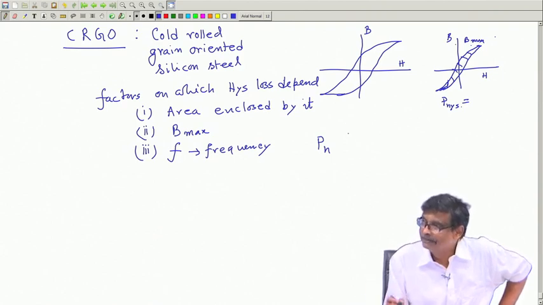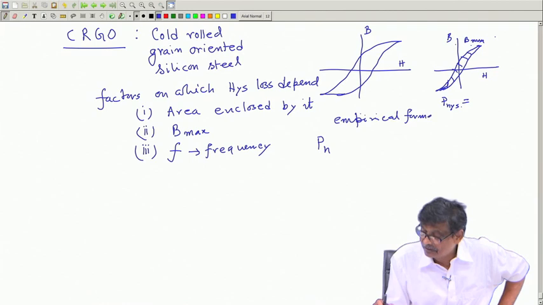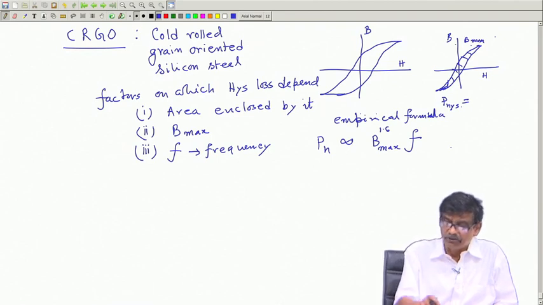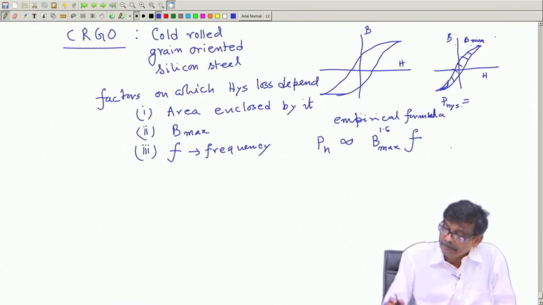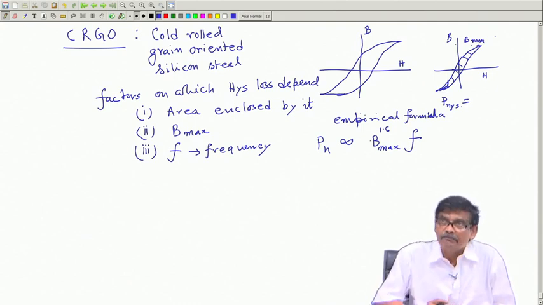It is an empirical formula for calculating hysteresis loss. The formula is like this: hysteresis loss is proportional to Bmax raised to the power of some number, say 1.6 is a popular number, into frequency. Frequency we know it has to be directly proportional to, and Bmax is the peak value of the maximum flux density.